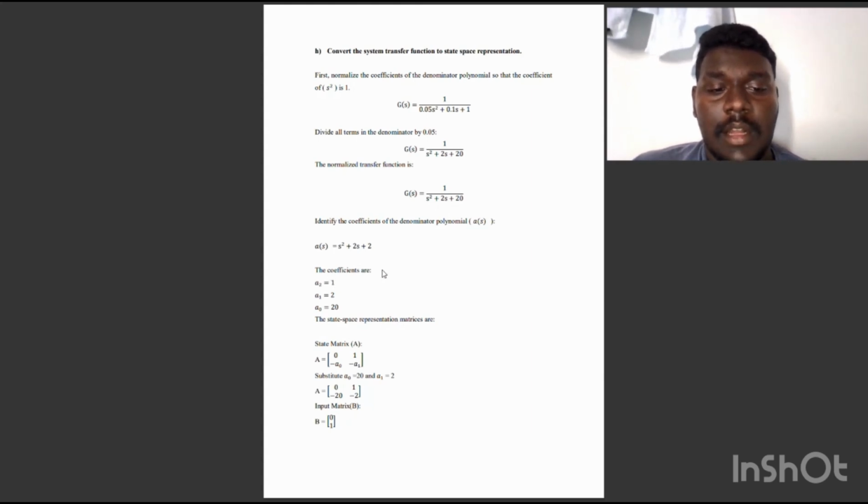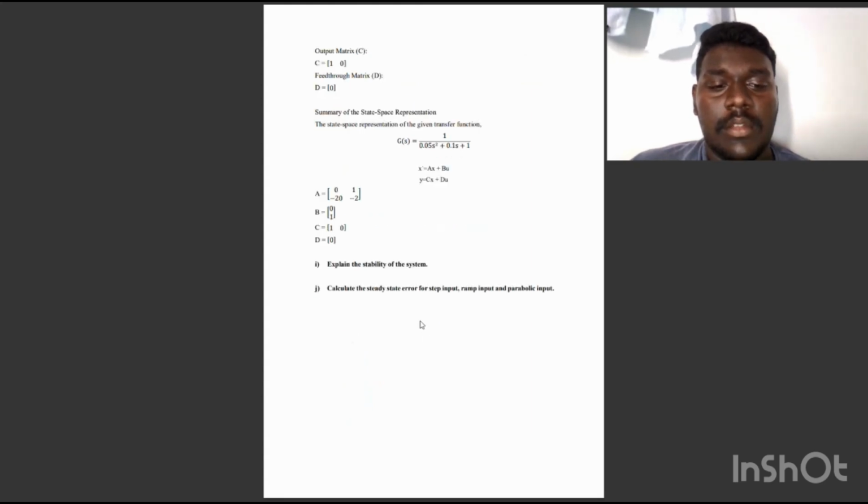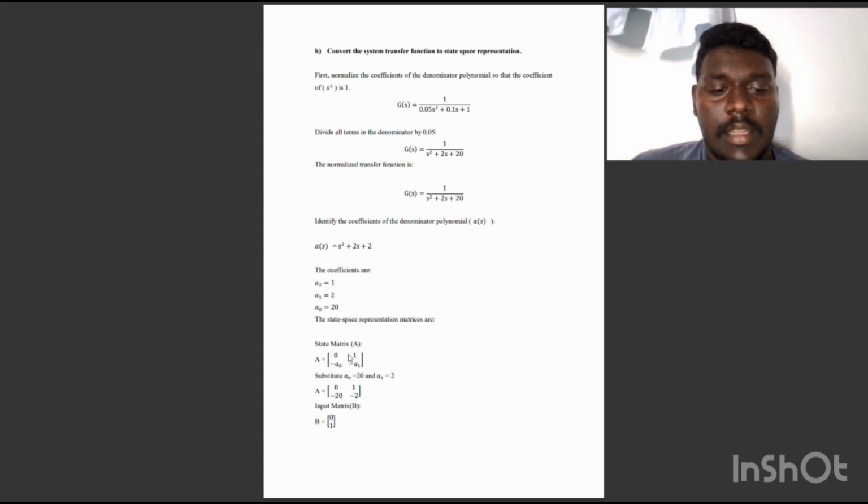The coefficients are a2 equal to 1, a1 equal to 2, and a0 equal to 20. The state space representation matrices are: state matrix A equals the matrix 0, 1, negative a0, negative a1.